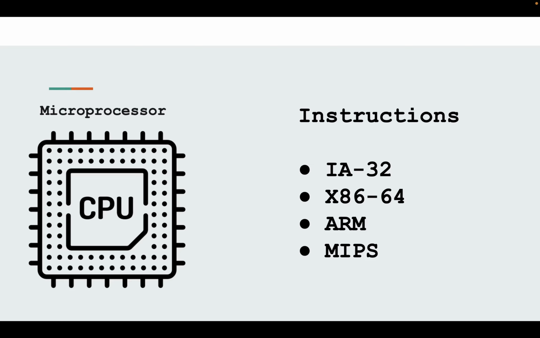There's a variety of sets of instructions, or languages, that microprocessors may be designed to speak. A microprocessor in general will speak one of these languages. Some processors speak IA32, some speak x86 for 64-bit machines or 32-bit machines, some speak ARM, some speak MIPS.